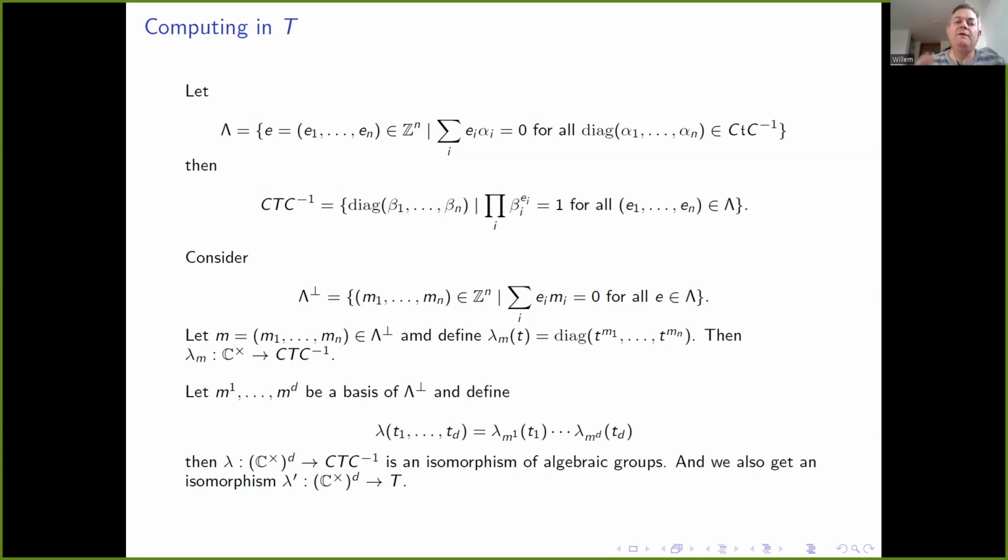Okay, so from the Lie algebra, I can compute this isomorphism. And this now gives me a very good way of computing with elements of the torus, because I can represent them by d-tuples of non-zero complex numbers.